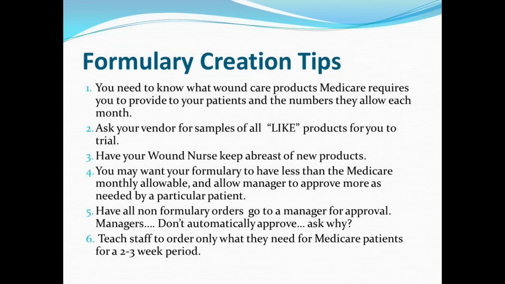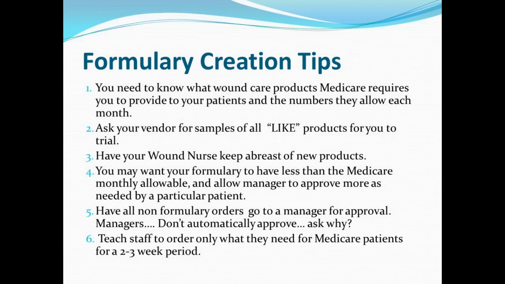If you've got wound nurses, WOCN nurses, they need to be going to conferences. You need to be bringing vendors in. You need to be asking Byram, I'm sorry, Byram's the company I use, whatever vendor you use, what products can they provide you with within that category that you can trial, see what you like, and see what kind of pricing you can get on them.